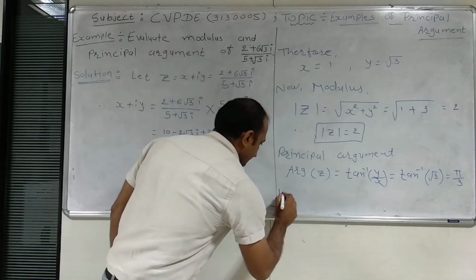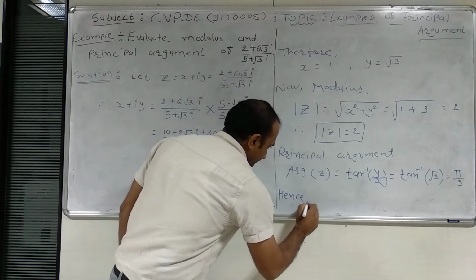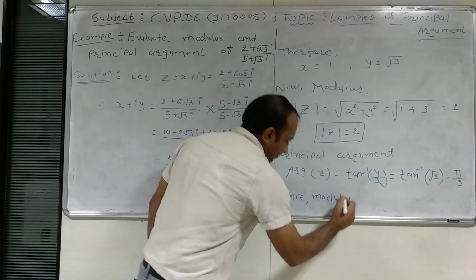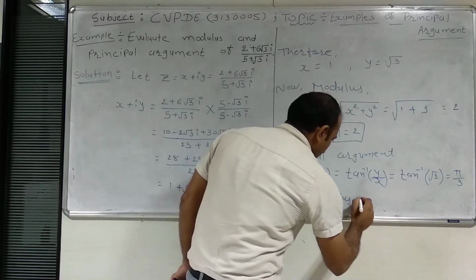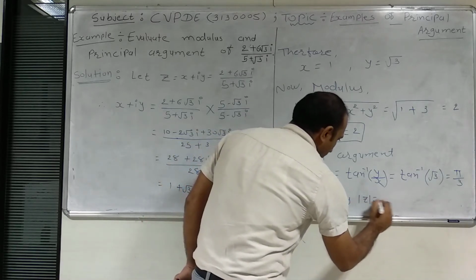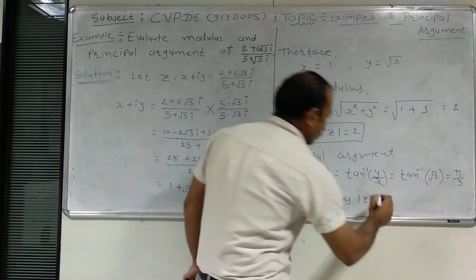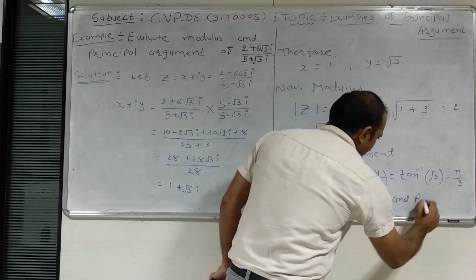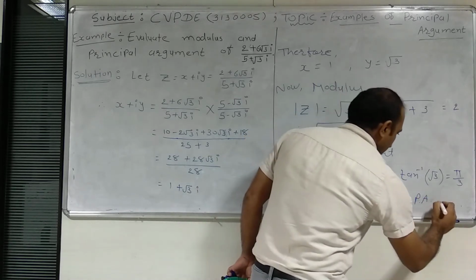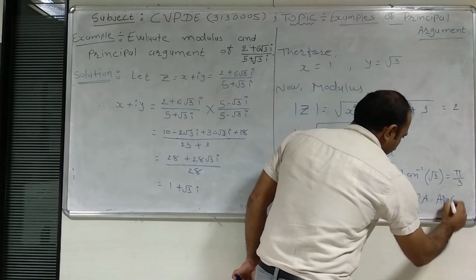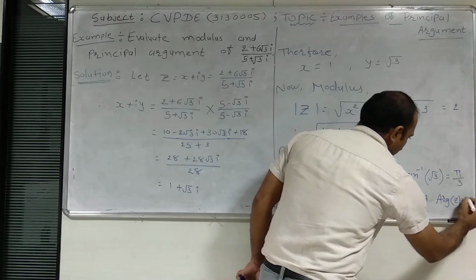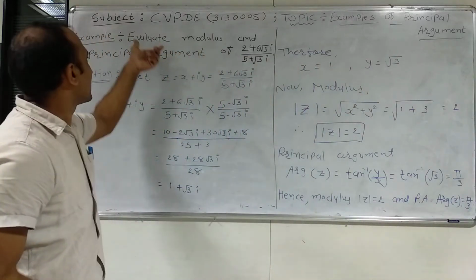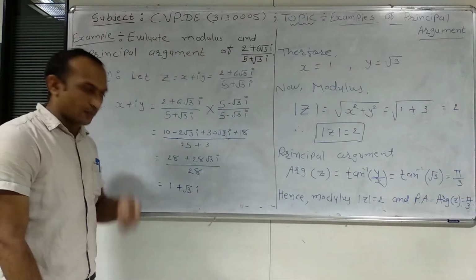So hence the modulus mod z equals 2, and the principal argument arg of z equals pi by 3, and this is the answer of this example.